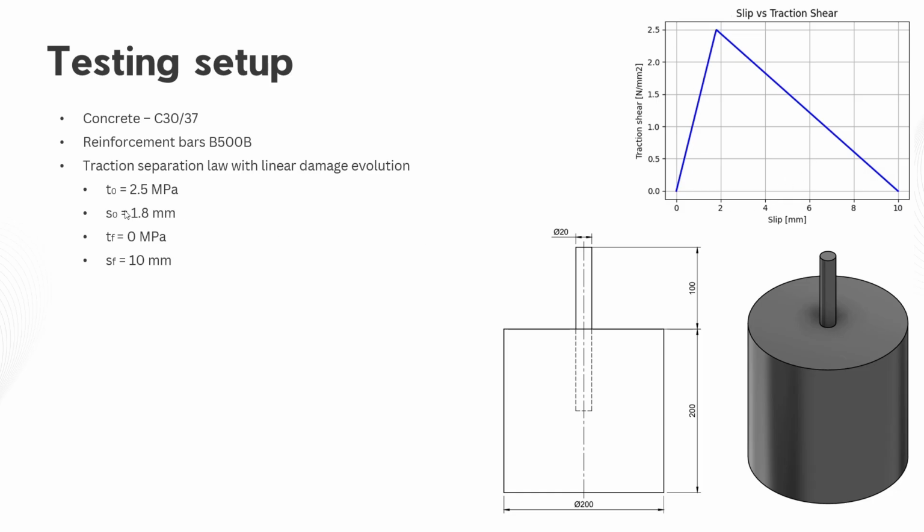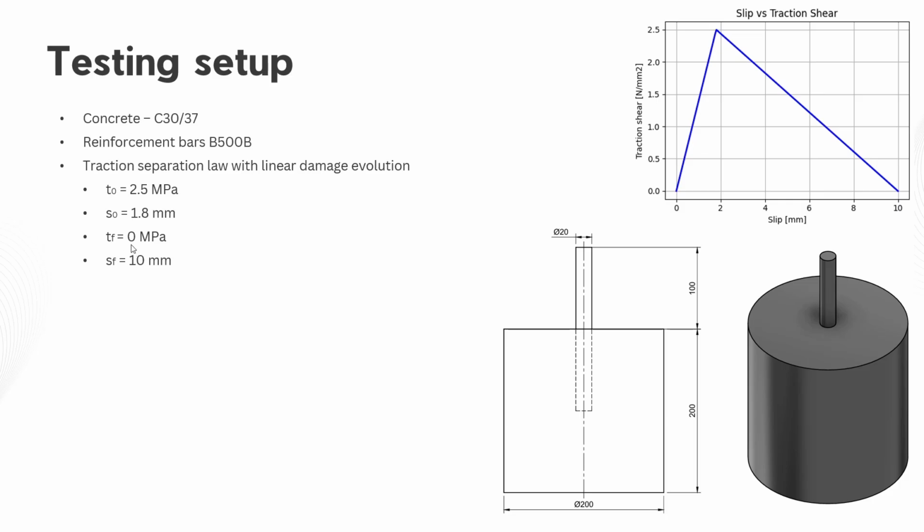There is the T0, which is basically the area of the maximal peak traction shear stress. From this point on, there is some damage initiation, so you also need to define the slip at damage initiation, which is S0, and the slip at fracture is equal to 10 millimeters.